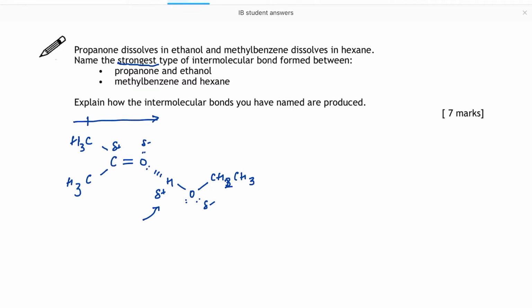We're going to get a strong attraction between this hydrogen and the lone pair on the oxygen of the propanone. So even though both of these molecules have permanent dipoles, the strongest type of intermolecular bond is going to be a hydrogen bond.